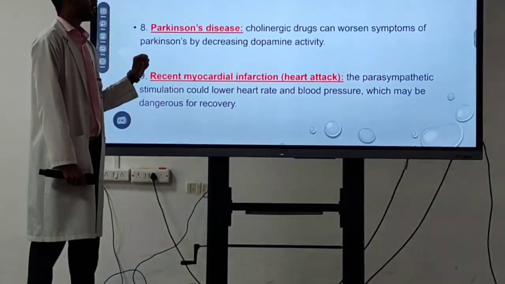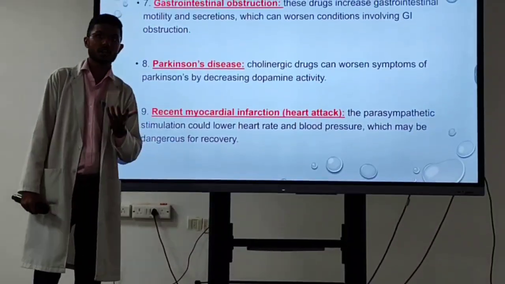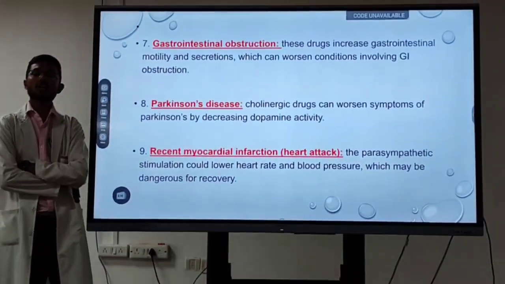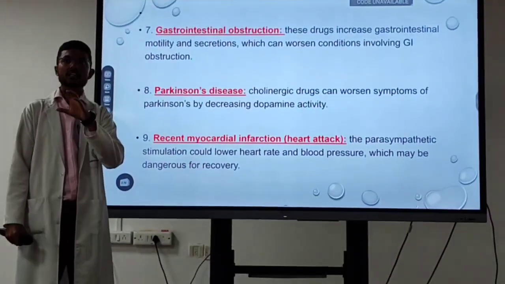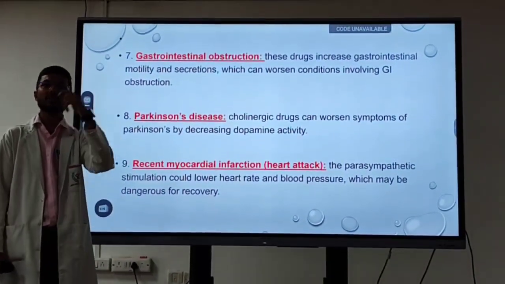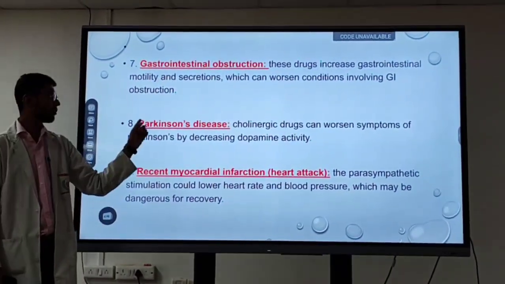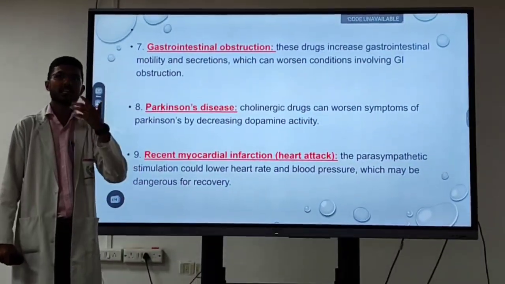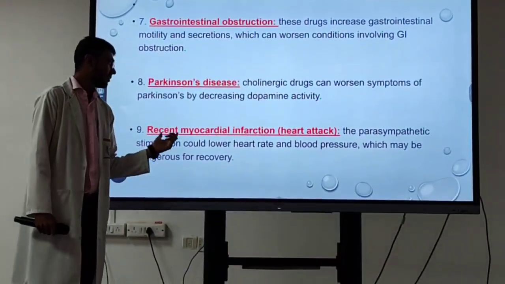Parkinson's disease. On chronic use of cholinergic drugs, what happens? They decrease the activity of dopamine in the CNS. And we know decreased dopamine activity leads to Parkinsonism. So it can exaggerate Parkinsonism. Recent MI.